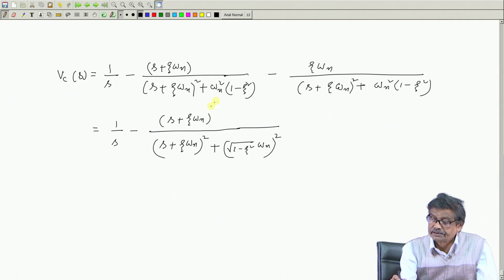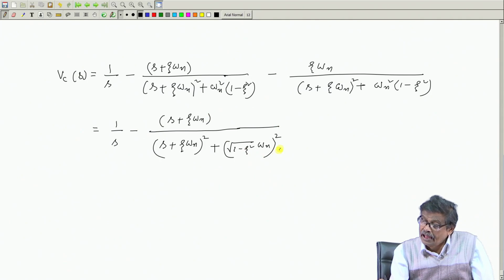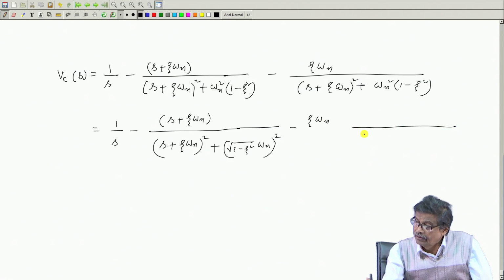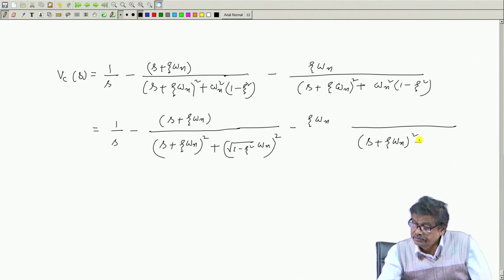This way I will write this term, and then this one is minus zeta omega n, and here it is also like that, s plus zeta omega n whole square plus root over 1 minus zeta square omega n whole square.